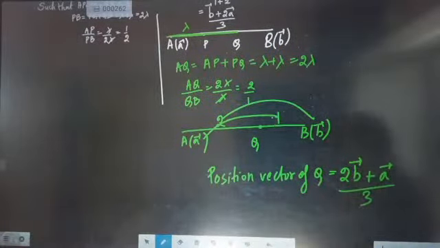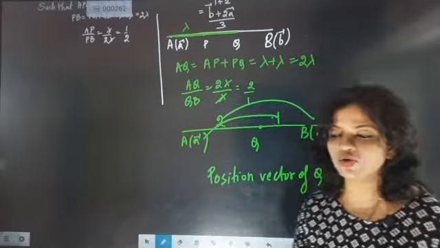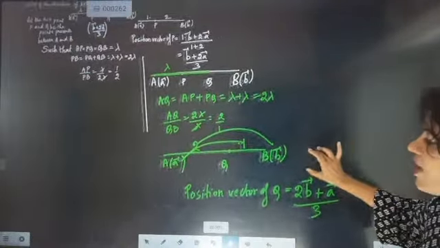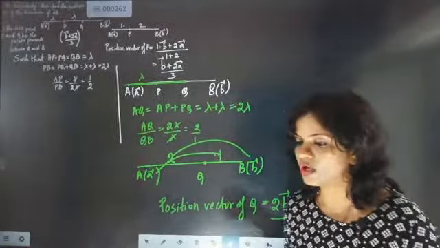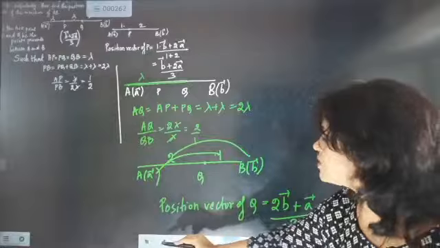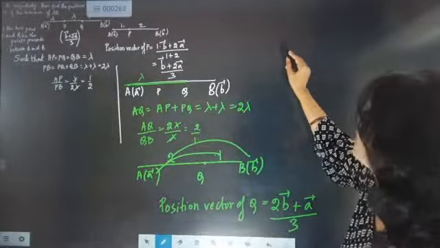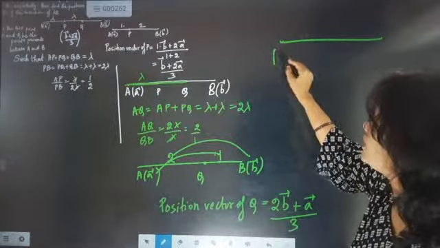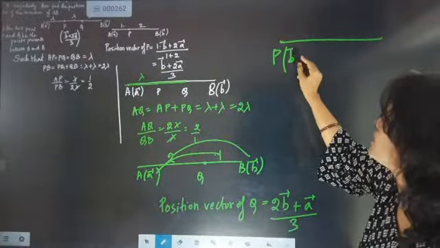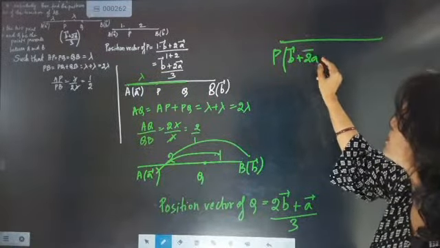So Q vector is coming. This is one way to deal with it and get the second point. But one more way is there. If you are finding it difficult to find the ratio, then once you have got the P point, the position vector of P is coming as B vector plus 2A vector by 3.